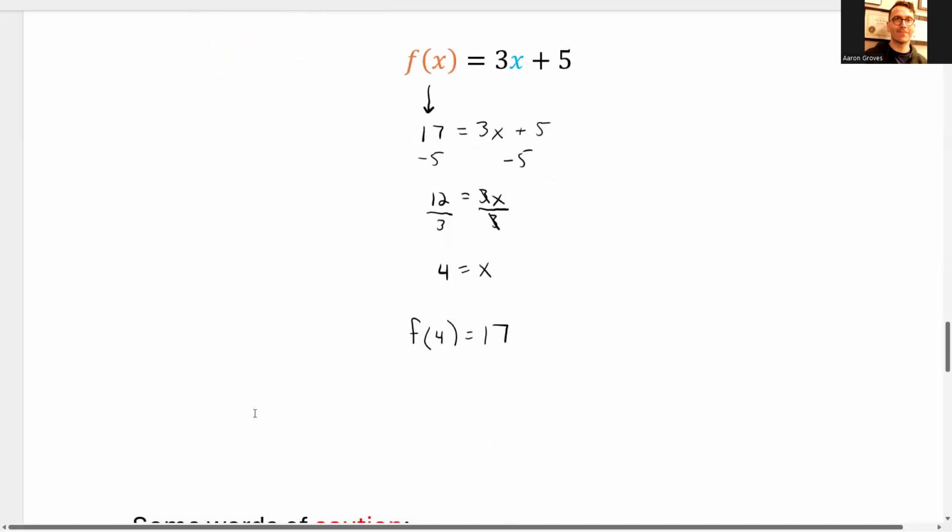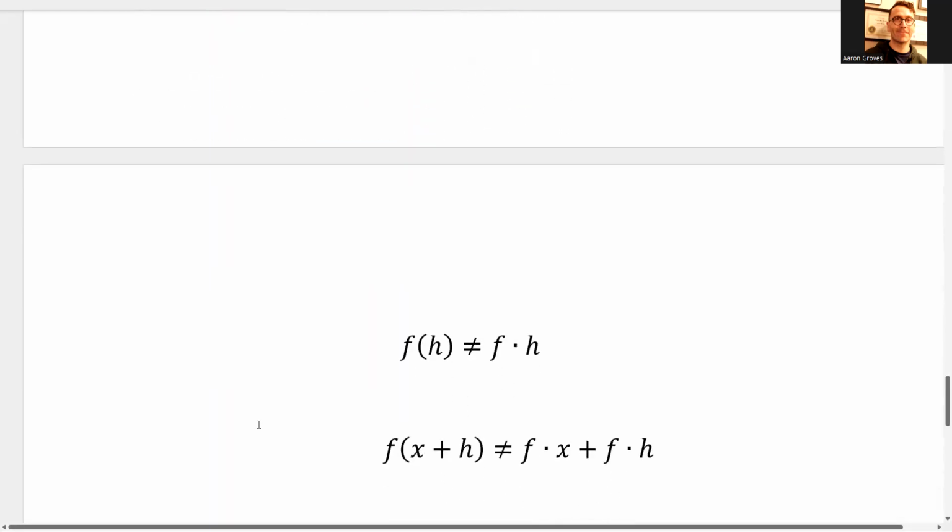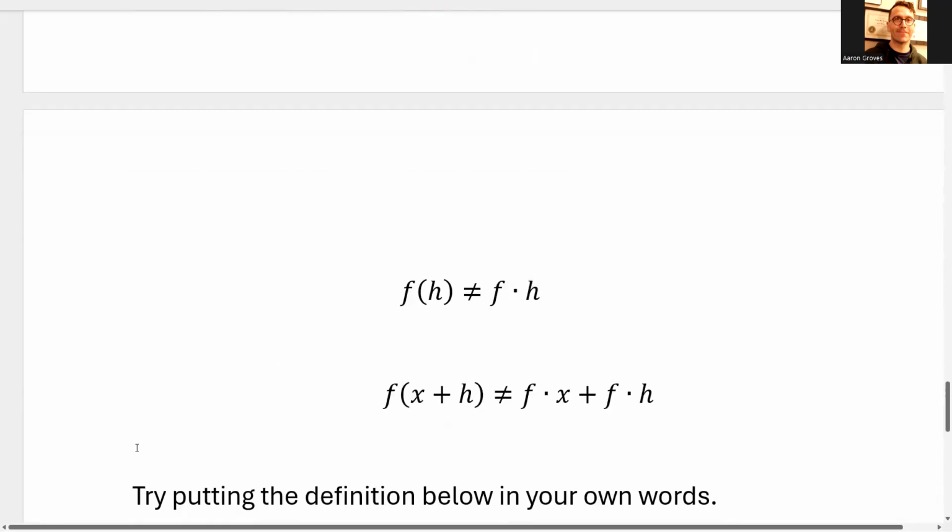So one big word of caution is that when we go ahead and evaluate into our function notation, we're not multiplying, right? So it's pretty obvious if I were plugging in h into my function, I don't mean f times h, I mean plug in h wherever there is an x value on the right-hand side.